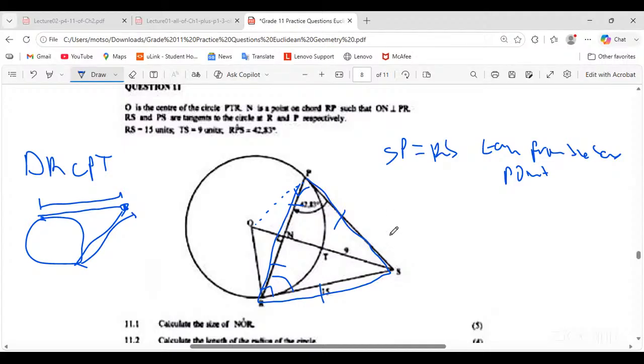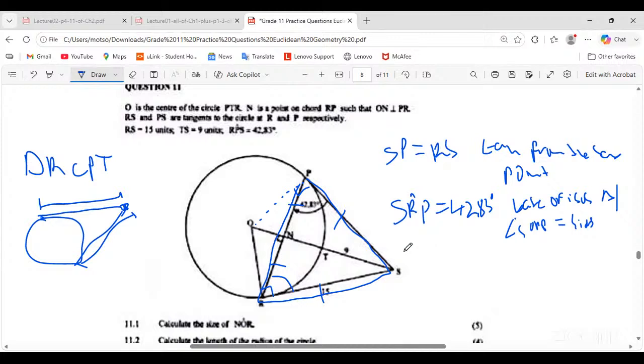Therefore, SRP is equal to 42.83 degrees. You can say base angles of an isosceles triangle, or angles opposite equal sides, right?